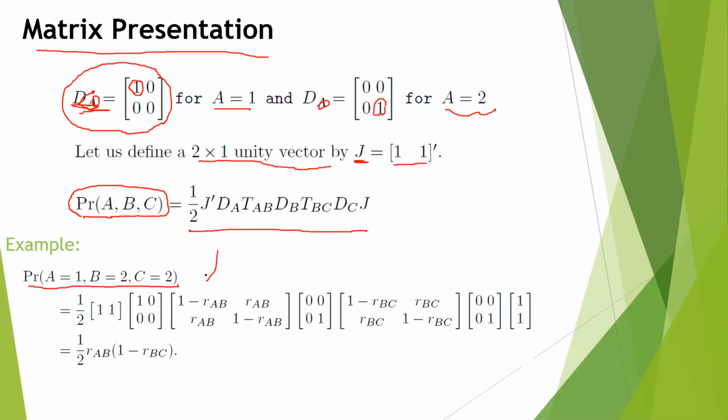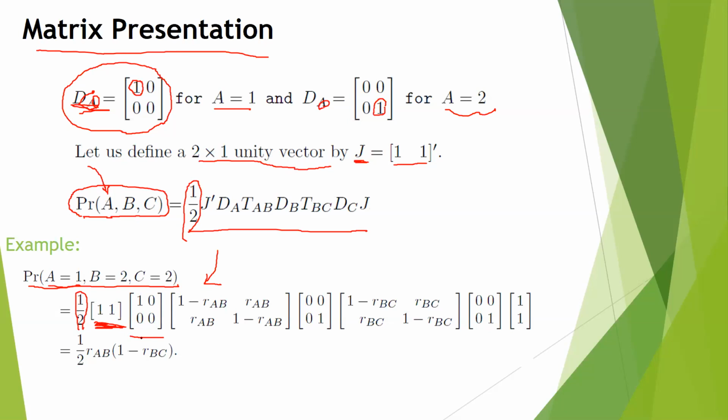So how do we do the calculation here? Here, the 1/2 is the same, right? Because we start the chain from A. And the probability that A takes genotype 1 is equal to this. And we put a unity vector here to facilitate the matrix calculation.